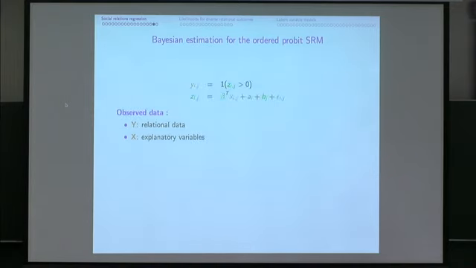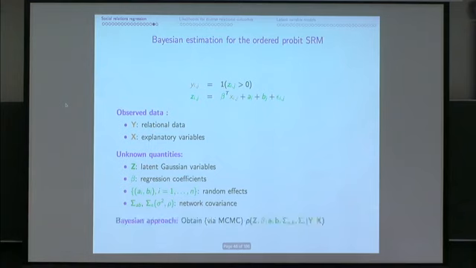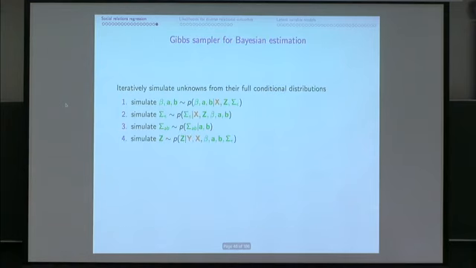Okay, just to very quickly show you how it might work. So here's the model setup. In this orangey brown are the observed items. You have some observed outcome and some observed explanatory variables, and you need to get the posterior distribution for all the quantities in green.